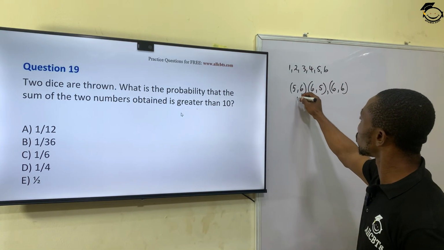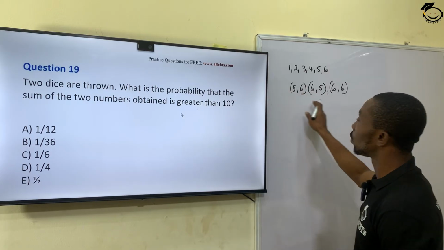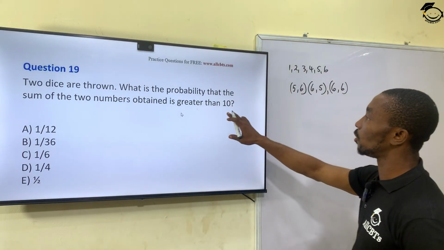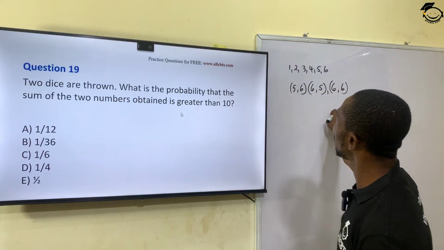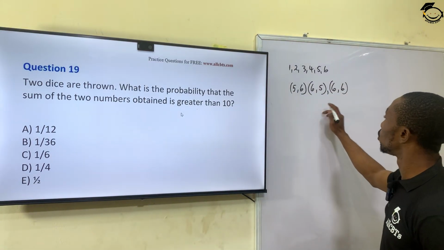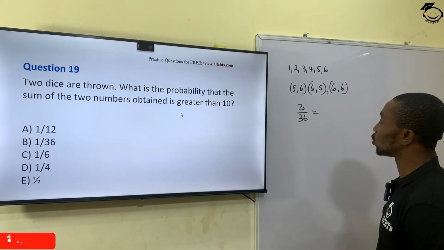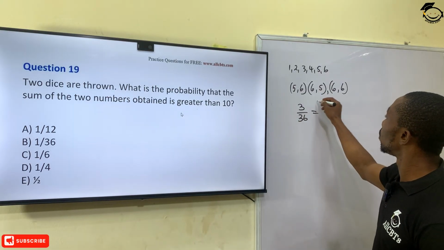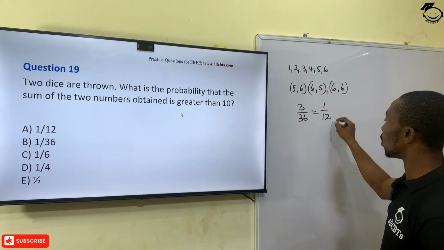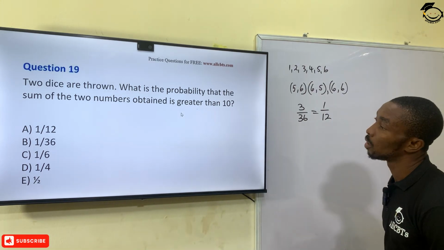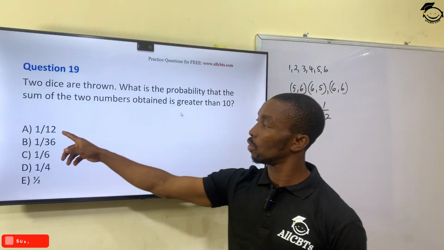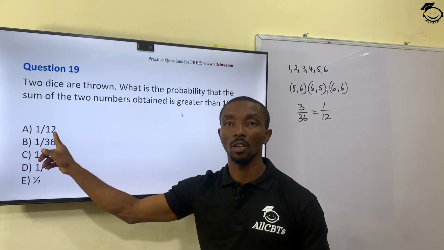Now, this will give us 11. So, for us to get a number greater than 10, we have 3 possible chances, which will give us 3 over 36. Reducing it to its lowest term would be 1 over 12. So our valid answer would be 1 over 12, which is option A.